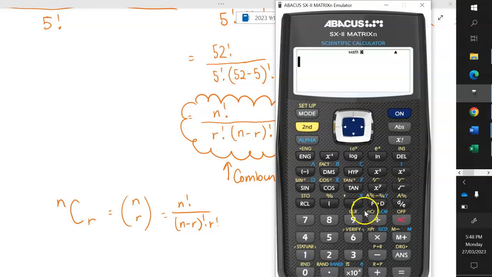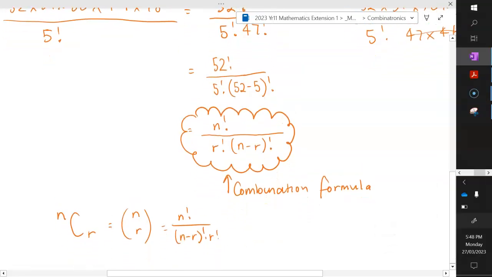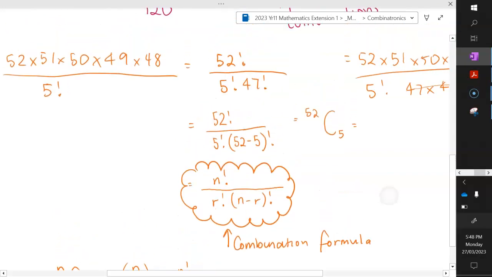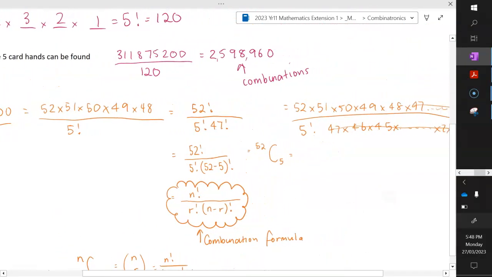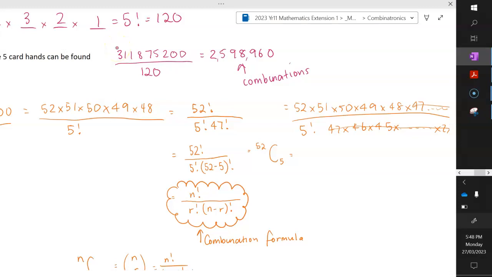So if we look at what we did up above, we had 52 over 5 factorial, 52 minus 5 factorial. That would be 52, and I'm choosing 5 from that 52. And that was not our 3 million, that was our 2,598,960. So I'm going to go and see if I can get that on my calculator by doing 52 choose 5.